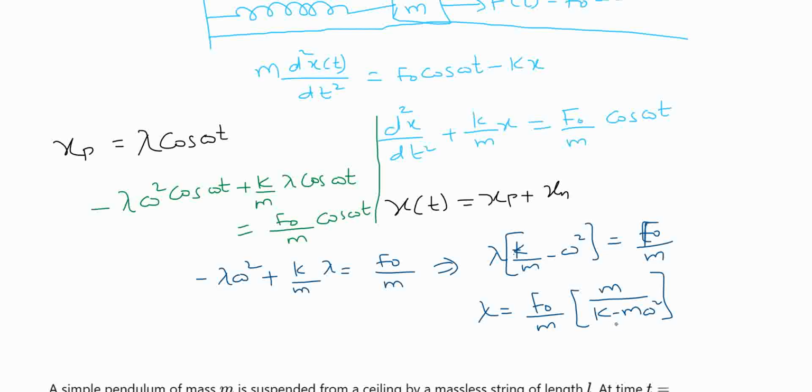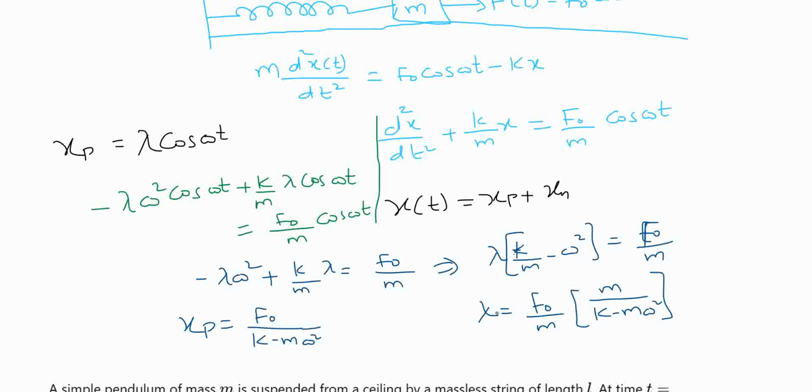Hope this is right. So that gives us xp. xp will be f naught by k minus m omega square.